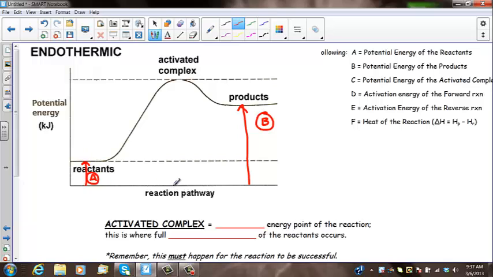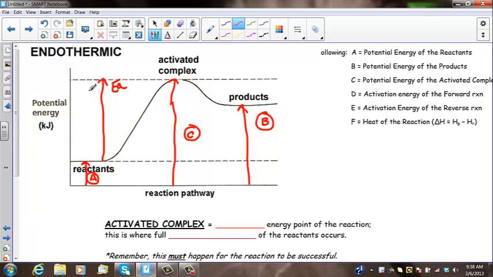The potential energy of the activated complex goes from the reaction pathway all the way up to the top. This is C. The activation energy of the forward reaction, I showed you that before. Activation energy goes from the reactant line to the top of the activated complex. Oh, I labeled this EA, sorry.